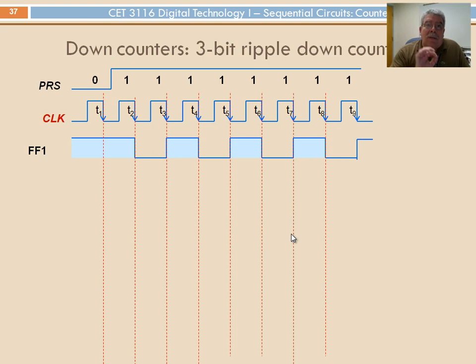Exactly as in the first case of a ripple counter, flip-flop 1 is a toggle flip-flop that only receives the clock signal, and initially we're at 1 because of the preset. When the clock comes, we force a toggle, so we go to 0, then 1, then 0, and so on.